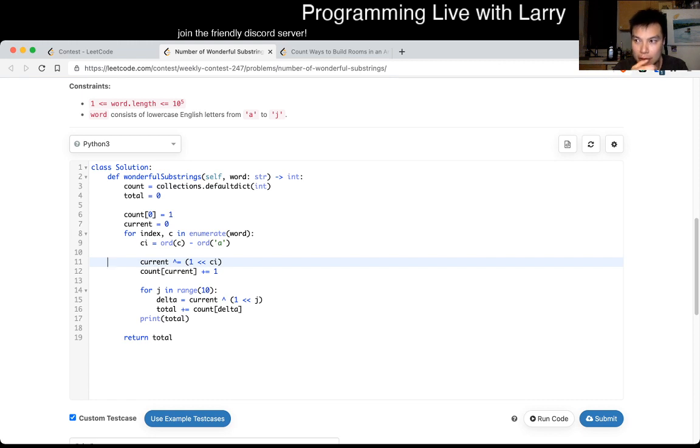So now we want to get from here. I guess that's right.